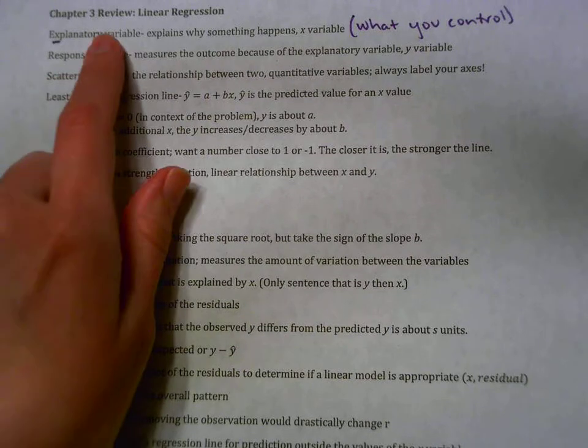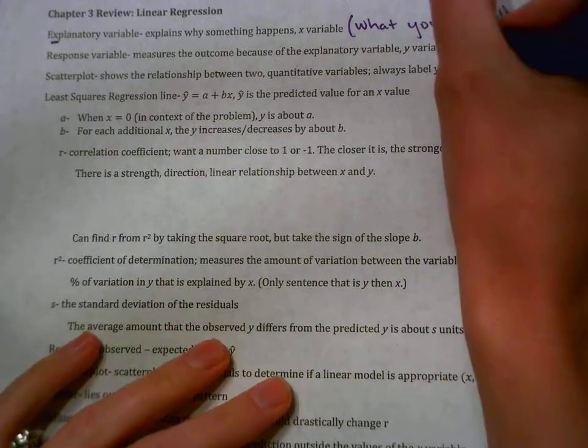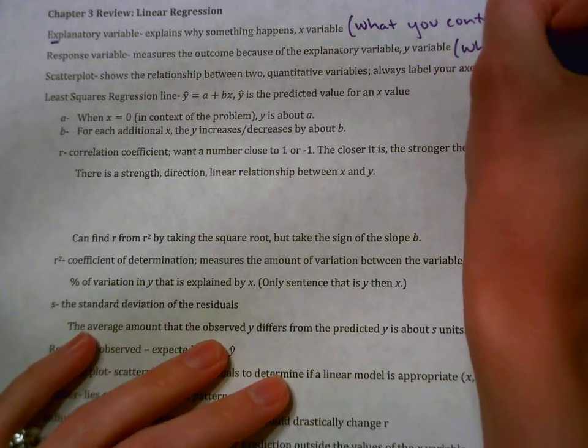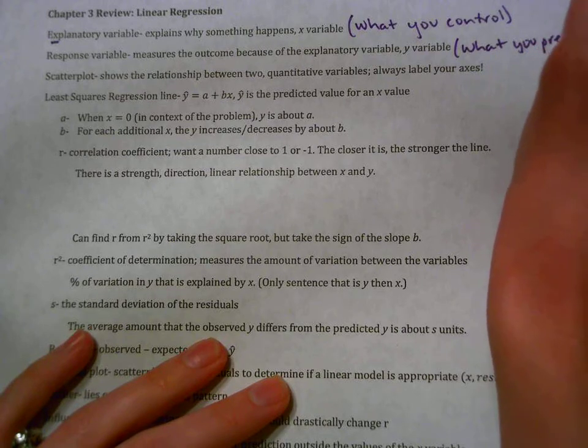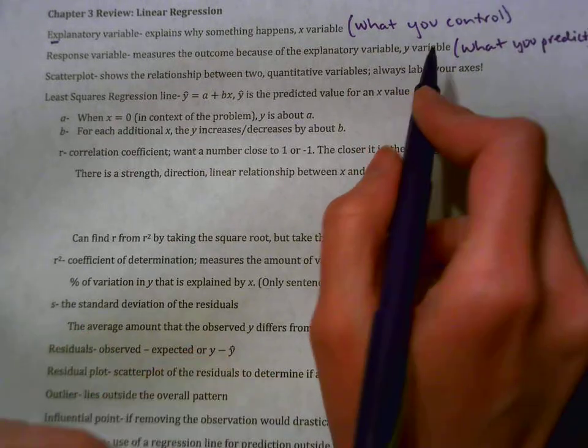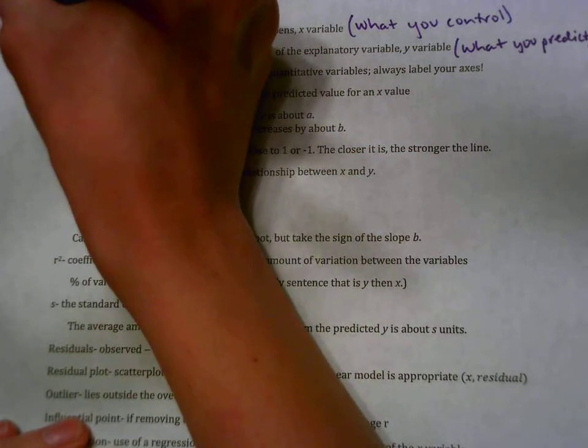I guess it also has a Y, but the X comes first. Then the response variable measures the outcome because of what you're controlling. So it's what you're trying to predict, and that's going to be your Y variable. Okay, so those are just vocab words for X and Y.